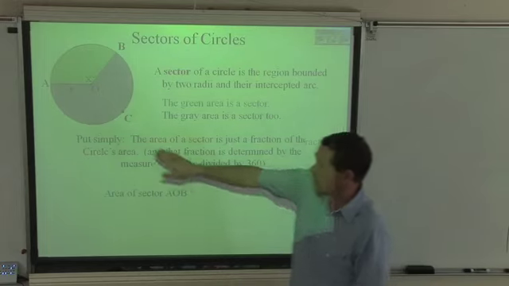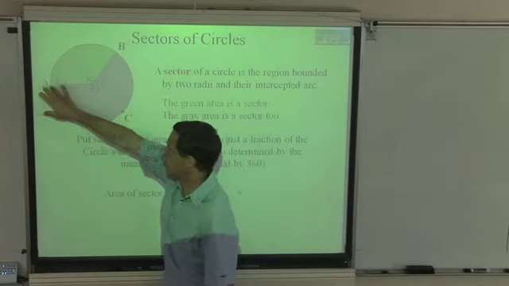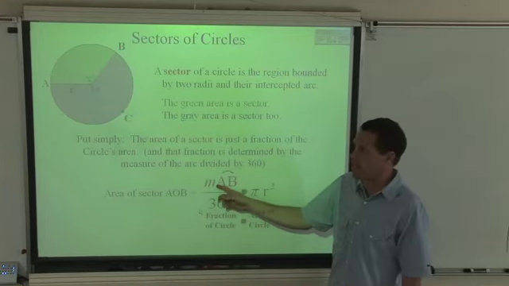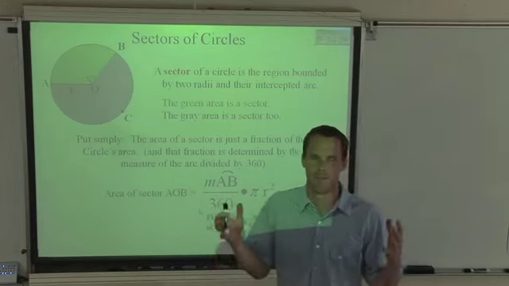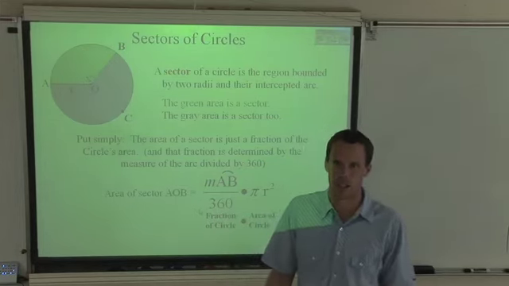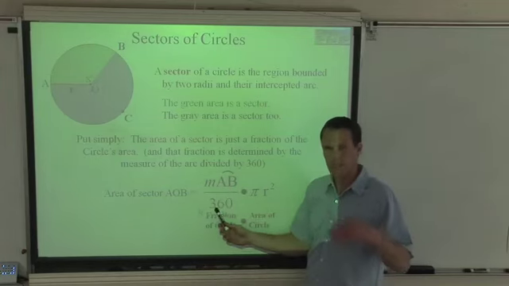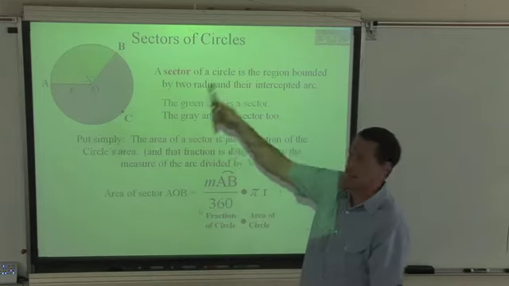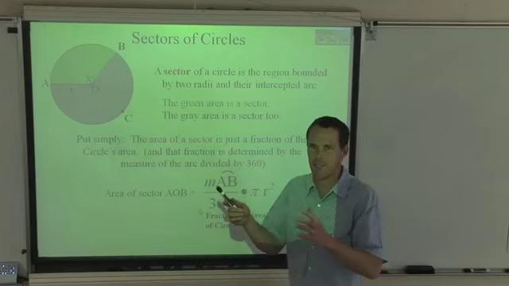The area of sector AOB, now we're going to talk about the green sector here, angle AOB is going to be the measure of arc AB divided by 360. That becomes the fraction of the circle. If it was 90 degrees out of 360, that would be 1/4 of the circle. If it was 180 degrees out of 360, that would be 1/2 the circle.